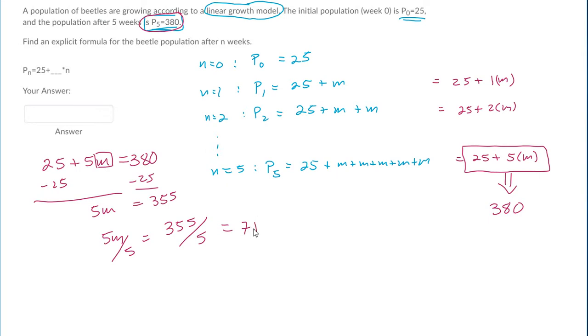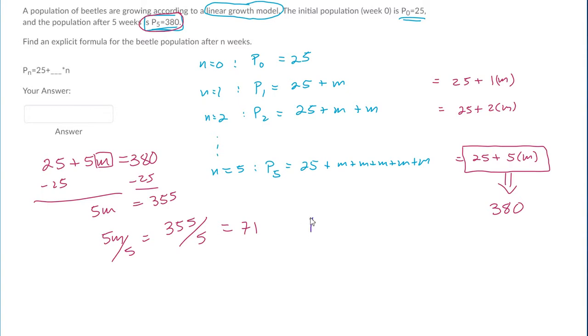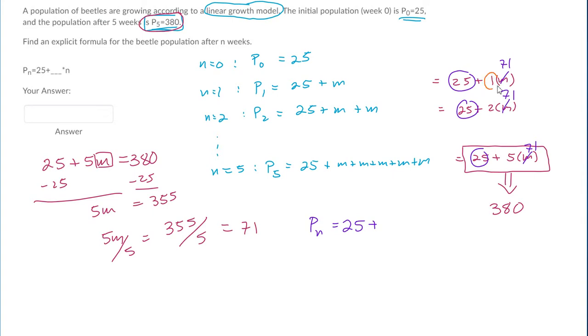Now, does that help me solve the problem? Well, essentially, what would be the explicit formula? If I write out the explicit formula, the population at time n is going to be the initial amount plus what? We know my m is 71. These are 71s. The 71 is not changing. What's changing is the number of copies of the 71.